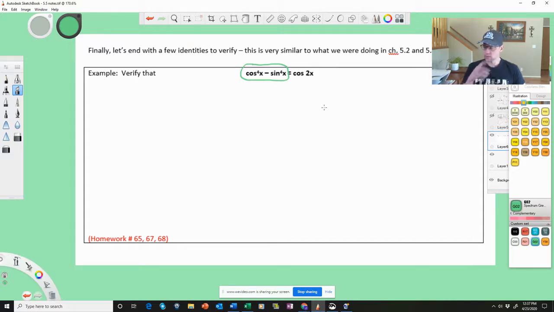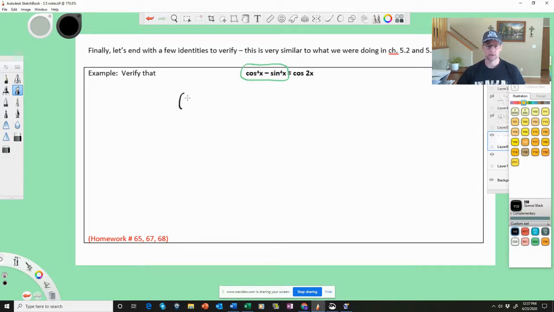Now this is a little bit harder because you don't know which of these identities or formulas to use. So you use whatever you can. Just look on this pink sheet and say, okay, what can I do? One of the things you might notice right away, I hope, is that this is a difference of squares. And whenever you have a difference of squares, you'll want to factor that.